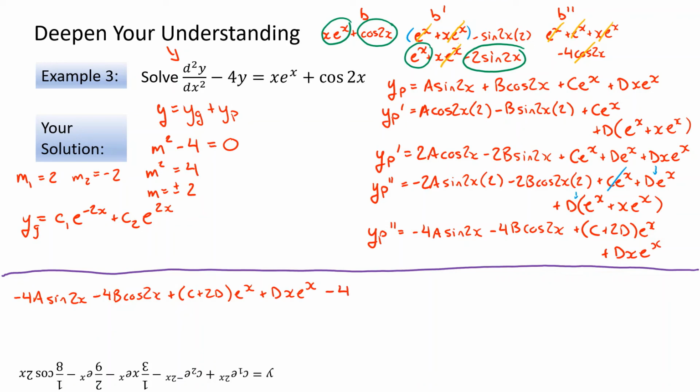And that's minus 4 times our original function y, which is a sine of 2x plus b cosine of 2x plus c e to the x plus d times x e to the x. Okay, and that all equals what's on our right hand side, which is x e to the x plus cosine of 2x.